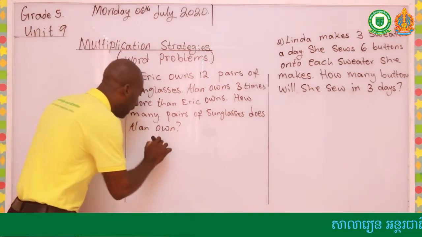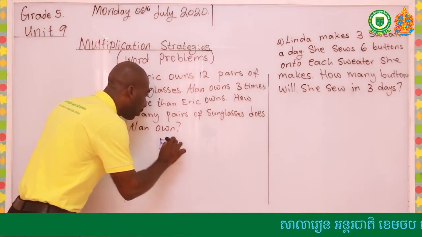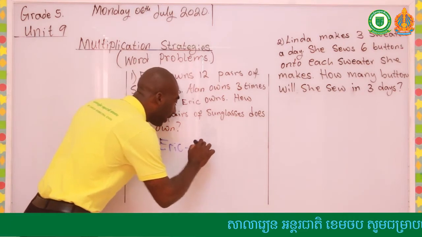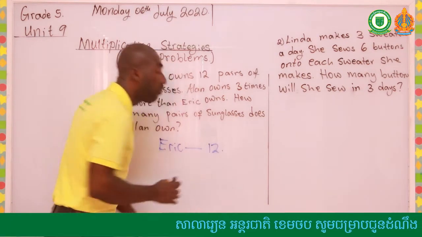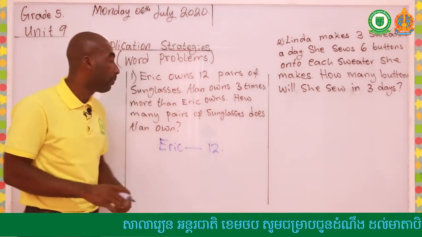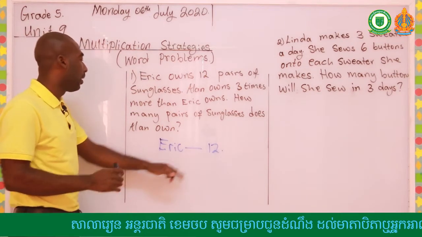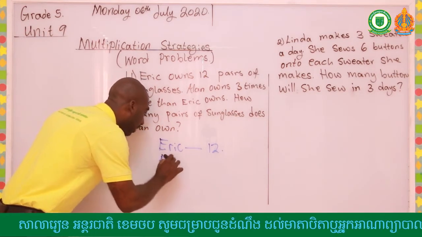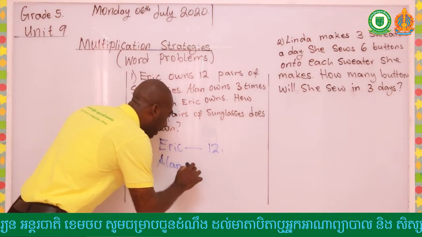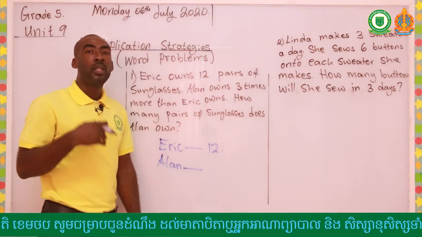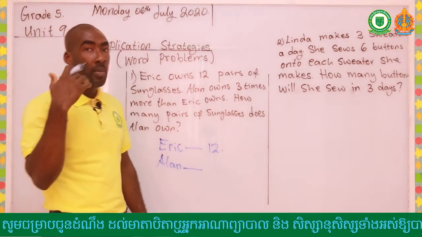Okay, so let's put Eric here. Eric is having 12 pairs. Okay, and then let's look at Alan. Alan is having 3 times more.